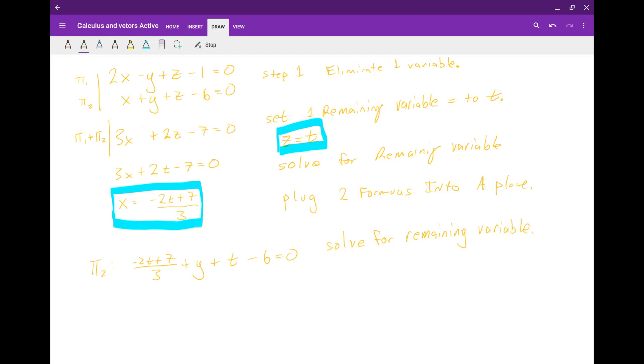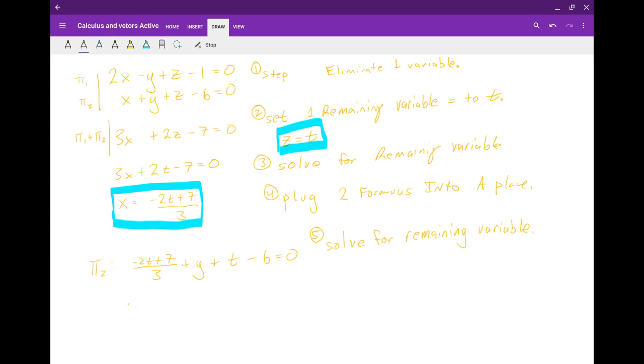So that's step 1, step 2, step 3, step 4, and step 5. Now my remaining variable is y. I'm going to go ahead and solve for it.